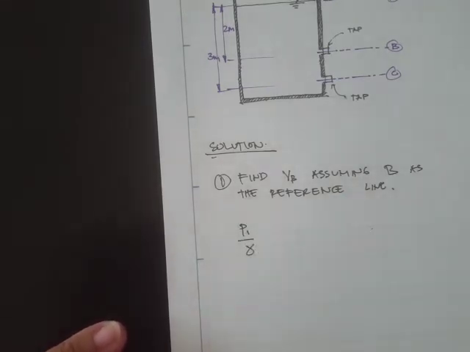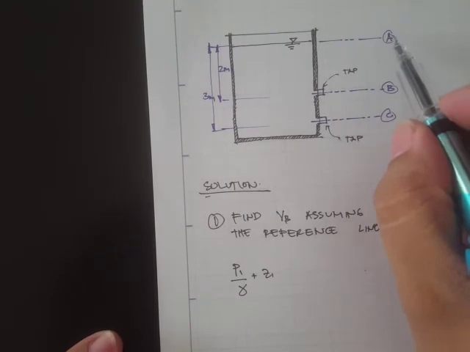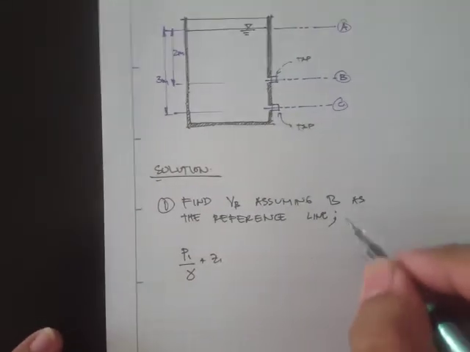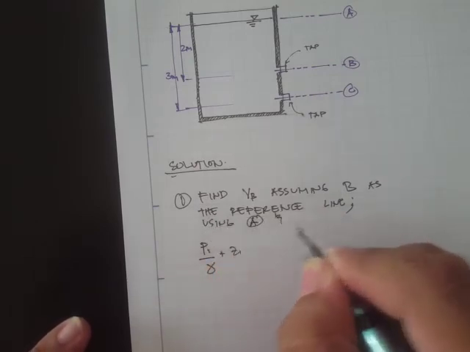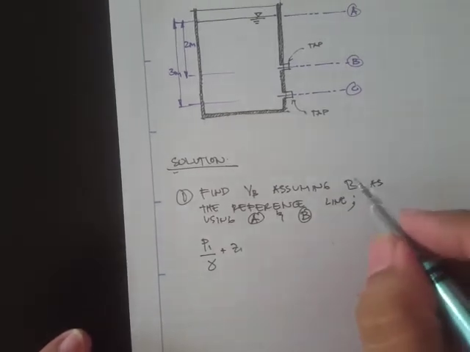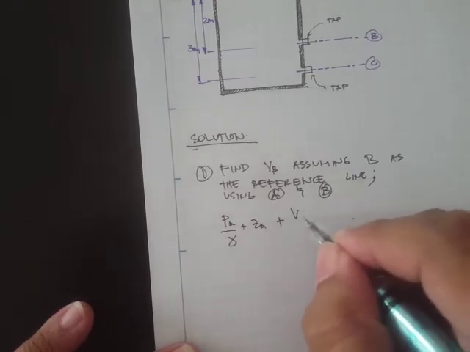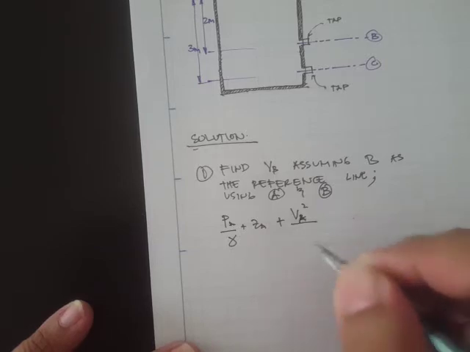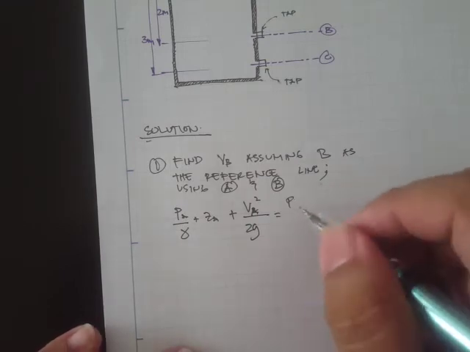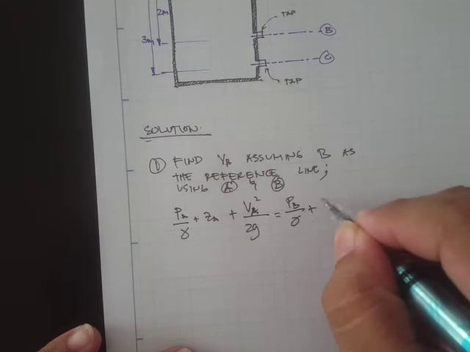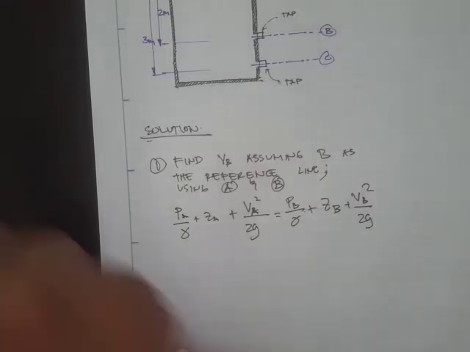P1 over unit weight plus z sub 1, or let's just write it using point A and point B. So this is the pressure head at A plus the elevation at A plus the velocity at A squared all over 2g, is equal to the pressure head at point B plus the elevation at point B plus the velocity at point B squared all over 2g.